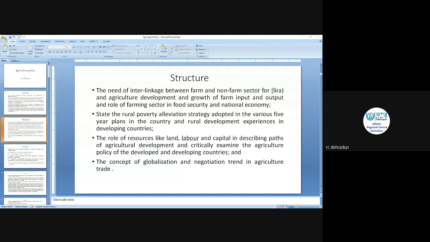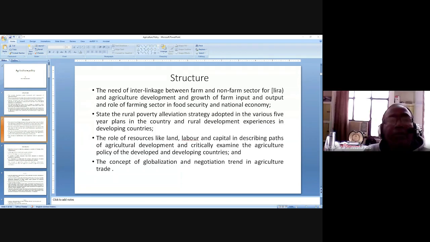The need of interlinkage between farm and non-farm sector, agriculture development and growth of farm input and output, role of farming sector in food security and national economy. These are the major components of the agriculture policy.